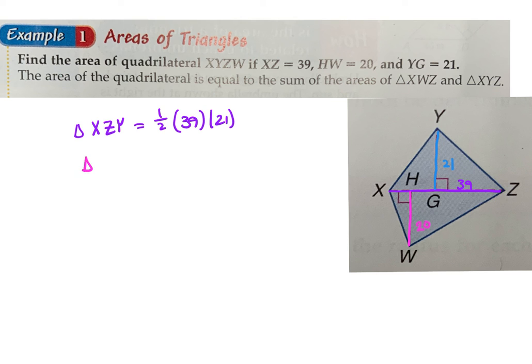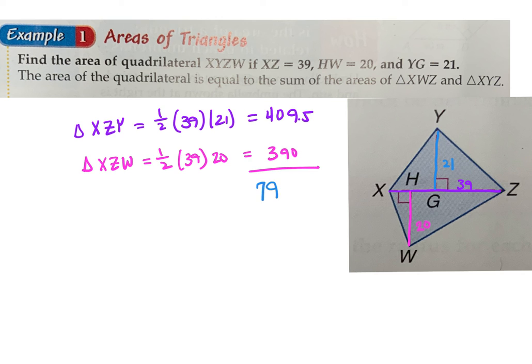And then triangle XZW is going to be 1/2 your base times your height. All right, and if you get those two areas and add them, you will then have the area of the entire quadrilateral.